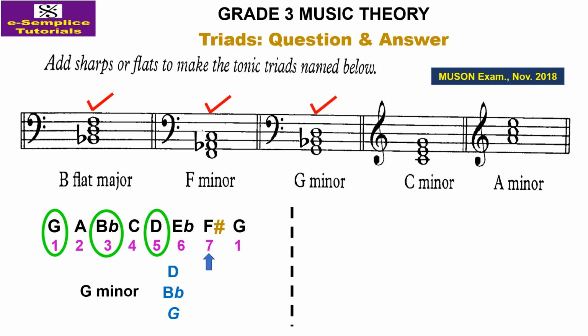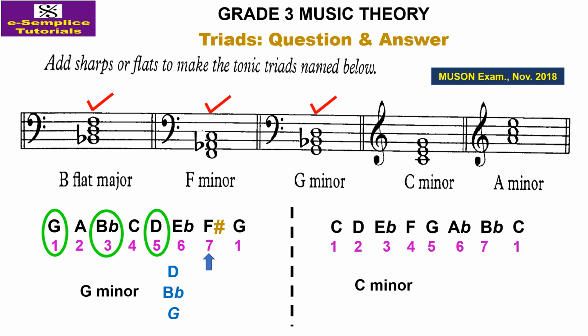Next is C minor. The normal process. The minor key, raise the 7th degree, then the tonic, the 3rd, the 5th.